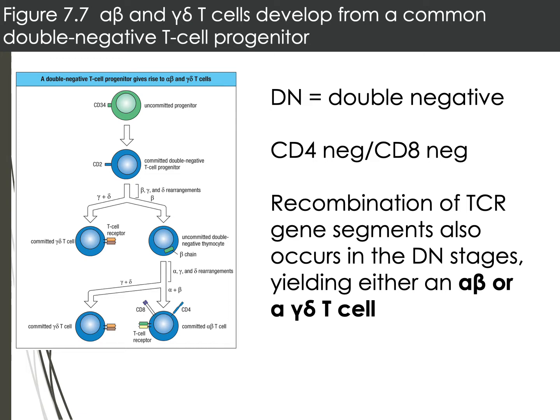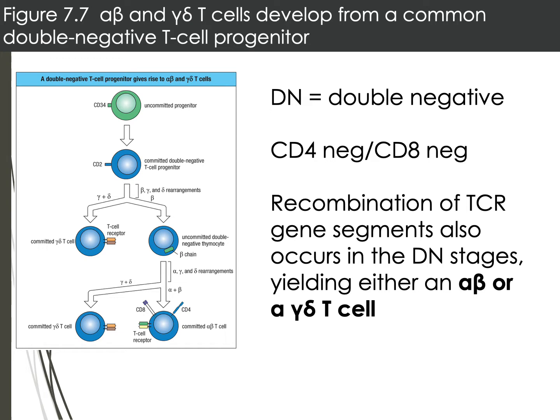That starts to signal for expression in rearrangement events in the T cell, so that it's going to express either the beta chain or gamma and delta. If it expresses the beta chain, then alpha is going to get expressed too, so that T cell will then have an alpha beta receptor, as you can see here. And so once that receptor is made, it's committed to that receptor type.